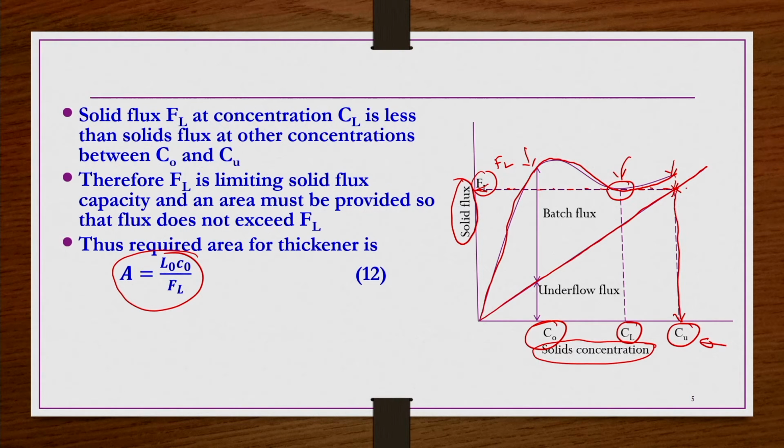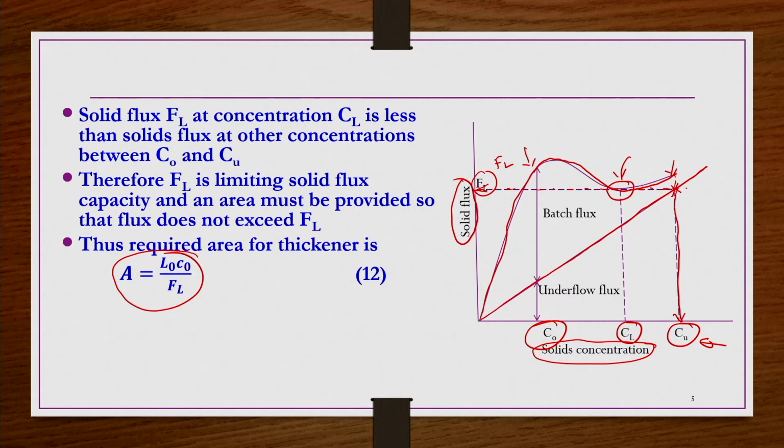Because in general, L naught and C naught are given. L naught is the inlet of the feed slurry we are giving to the continuous thickener, in volumetric flow rate. C naught is the initial feed slurry concentration, the uniform solids concentration before the start of sedimentation.